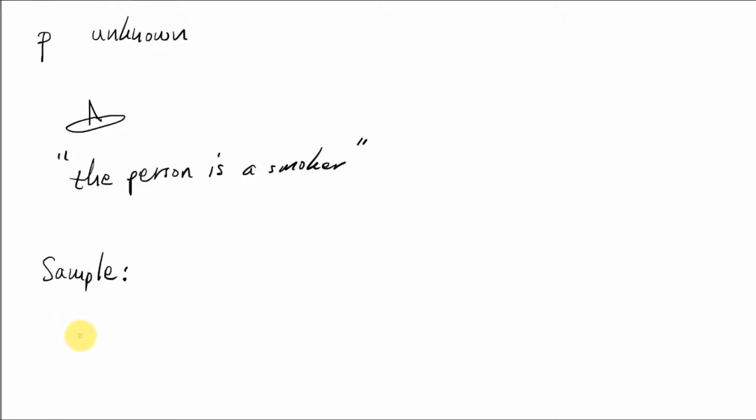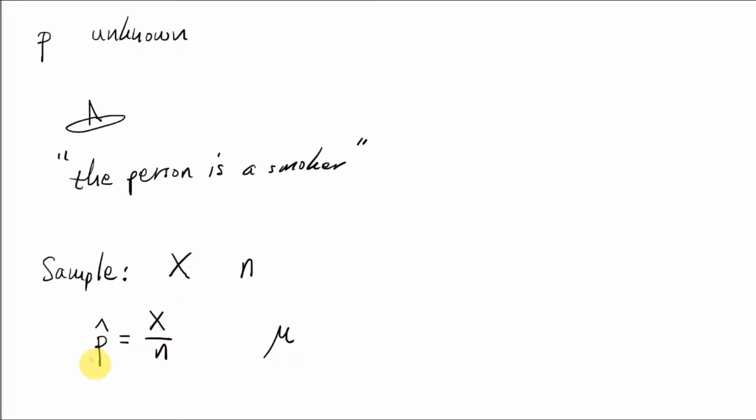Assume you do a sample, and this event or characteristic occurs x times in a sample of n observations. Then your estimate of the unknown probability or proportion is x divided by n.